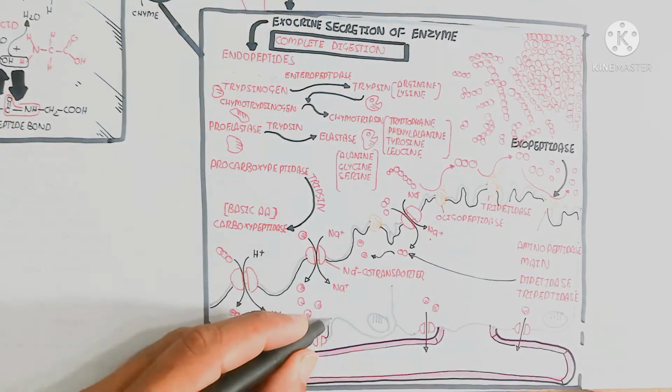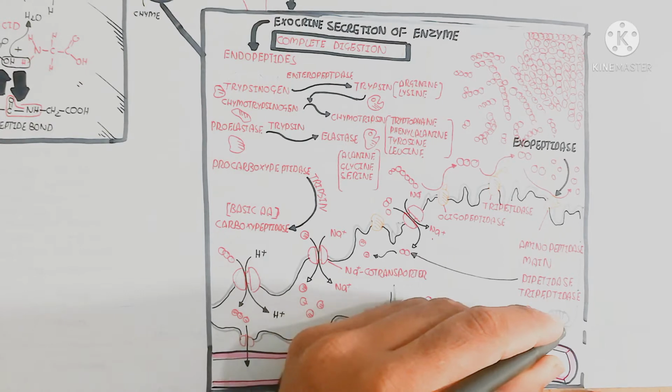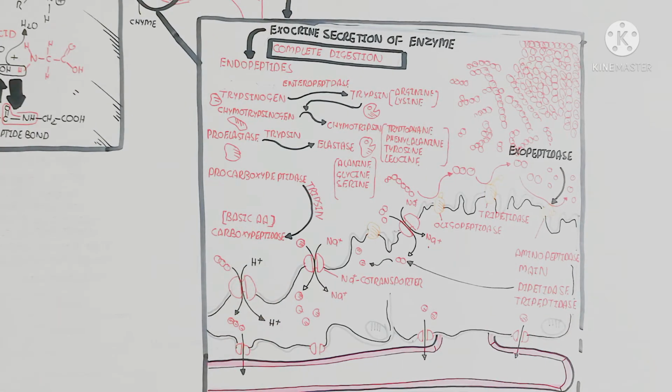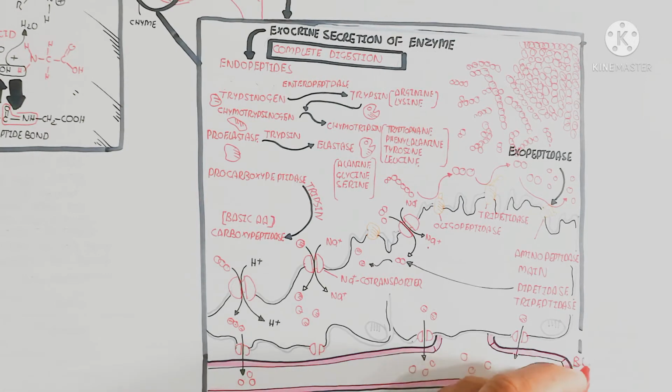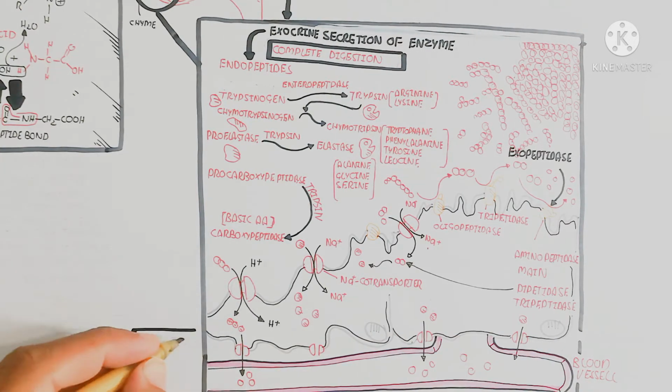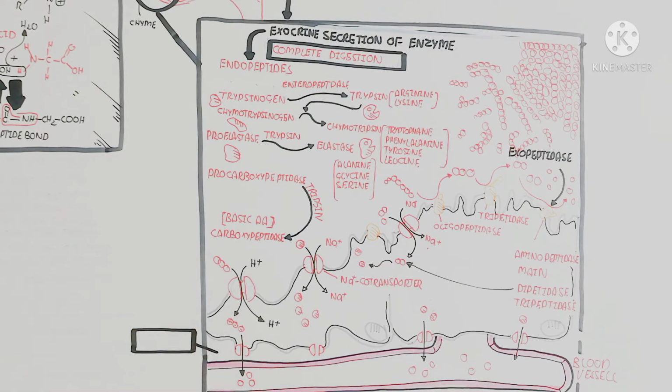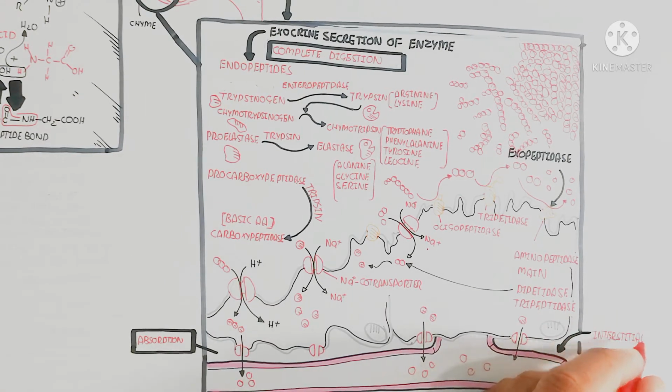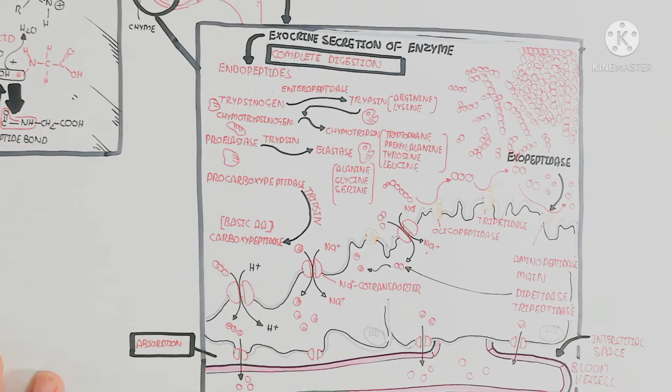So after the absorption of the amino acid into the blood circulatory system from the duodenum, from the enterocyte, here you can see the blood vessel, and between the blood vessel and the enterocyte is the interstitial space. This interstitial space is used for the movement of the amino acid into the blood circulatory system.